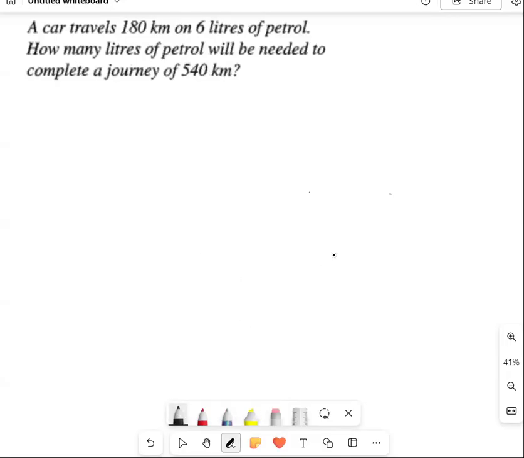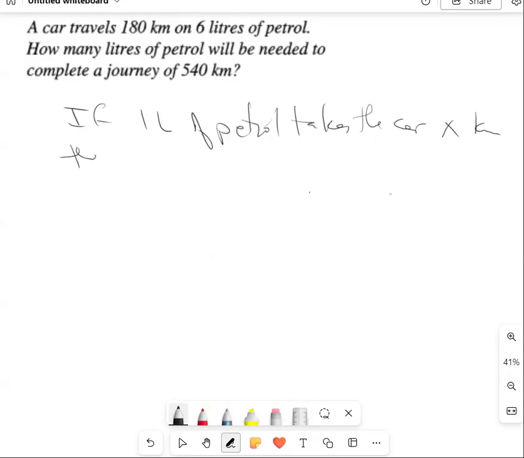So our assumption here is that if 1 liter of petrol takes the car, let's say x km, we don't know that, then 2 liters of petrol will take the car 2x km.